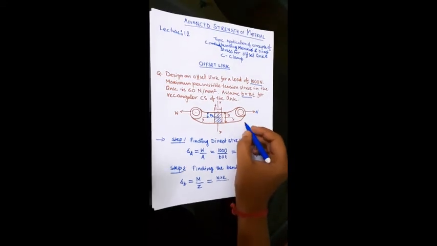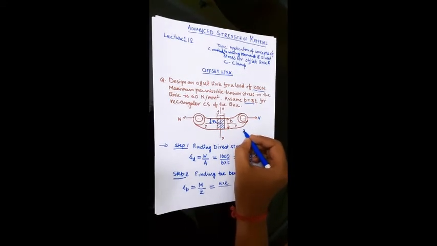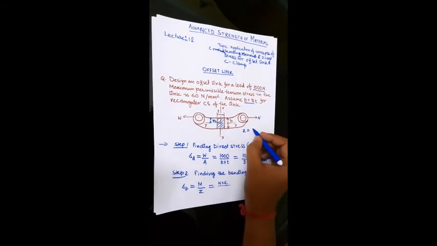Now the value of section modulus. Remember, for the rectangular case, what will be the value of section modulus? Z is equal to nothing but I by y, that we know.